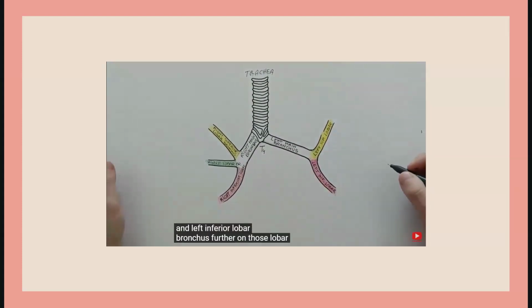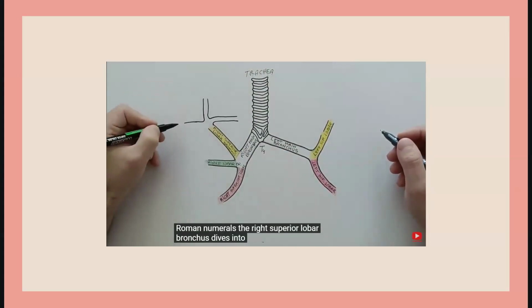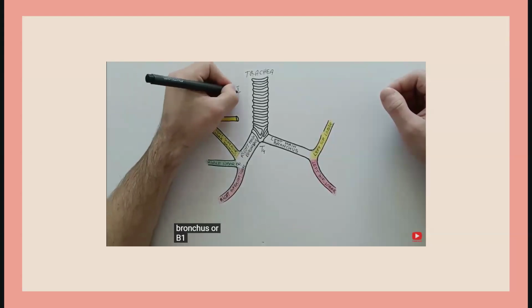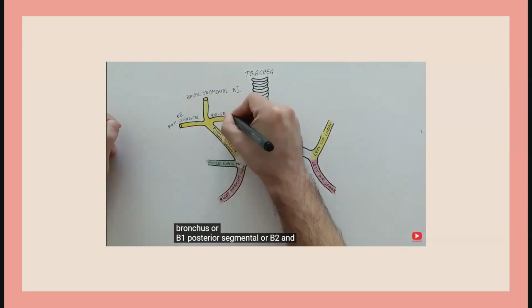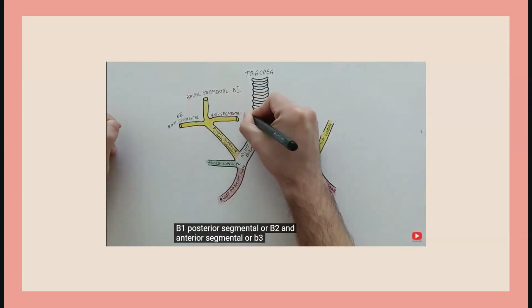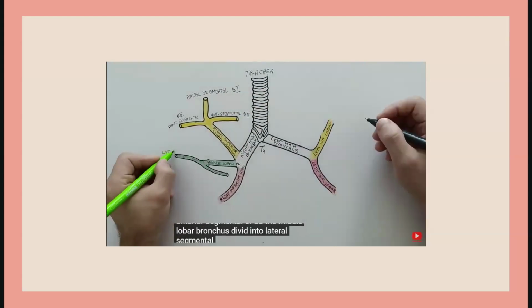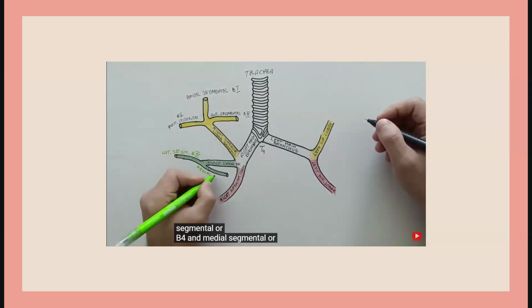Further on, those lobar bronchi divide into segmental bronchi, which have proper names but are also labeled with Roman numerals. The right superior lobar bronchus divides into apical segmental bronchus, or B1, posterior segmental, or B2, and anterior segmental, or B3. The middle lobar bronchus divides into lateral segmental, or B4, and medial segmental, or B5.